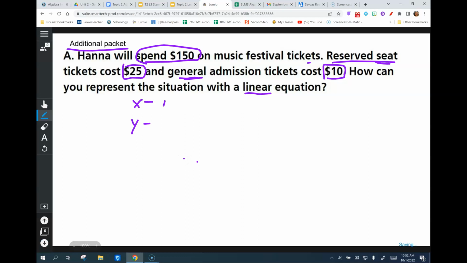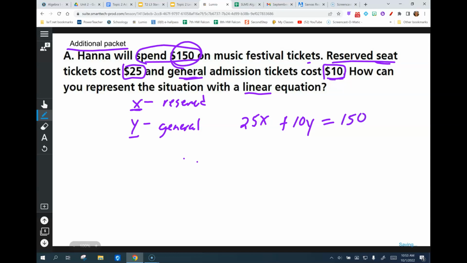So I can make the x the reserved seats, and I can make the y the general admission tickets. Then my equation is very simple because I'm going to have $25 times however many reserved I have, plus $10 times however many general I have, and that's going to be equal to my total of $150.